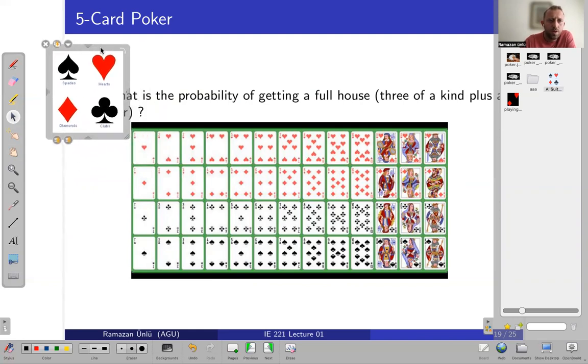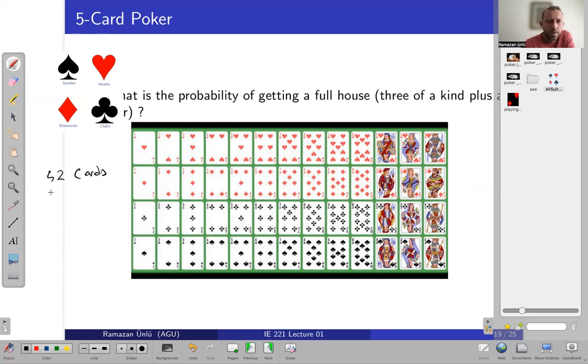In a card game there are different cards.